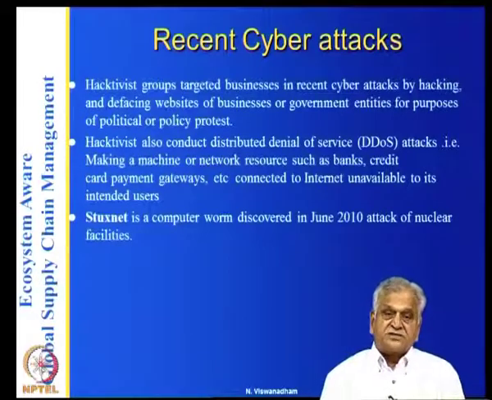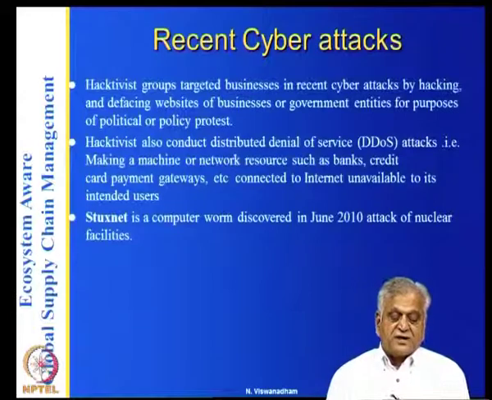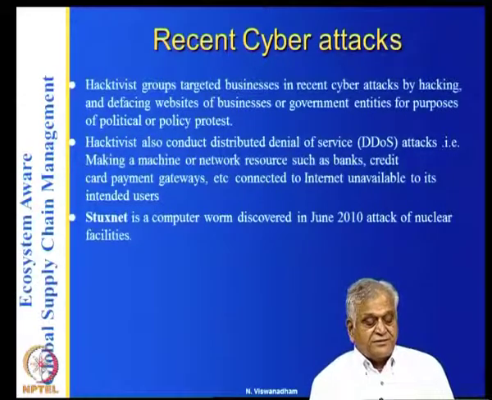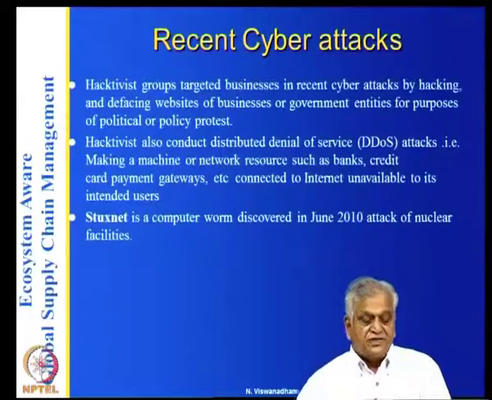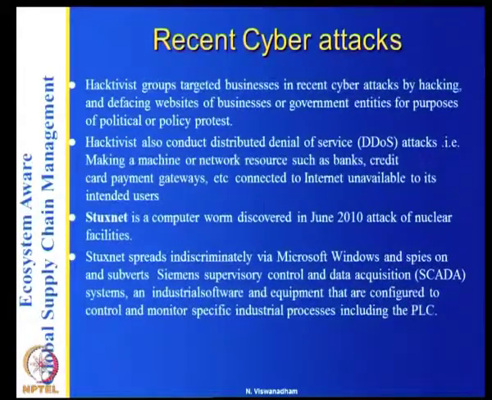It did not function in June 2010. Why? It's because of the Stuxnet computer worm. What is this worm? Stuxnet spreads indiscriminately via Microsoft Windows and spies on and subverts the Siemens supervisory control and data acquisition system.